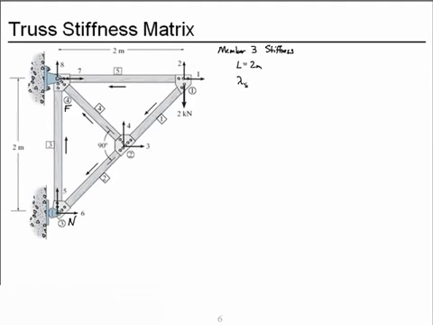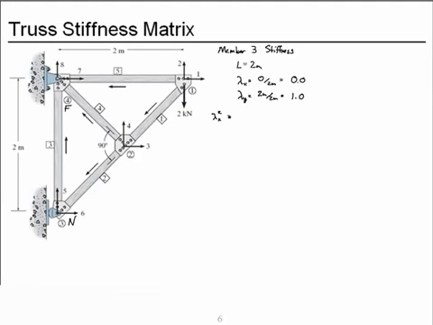It has a directional cosine for the x direction, 0 divided by 2 meters. So that is 0. The change in y coordinate is a positive 2 meters. Its length is 2 meters. So the directional cosine in the y direction is a positive 1. We put those together.